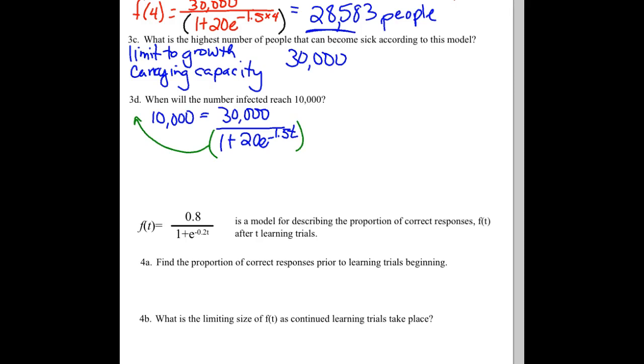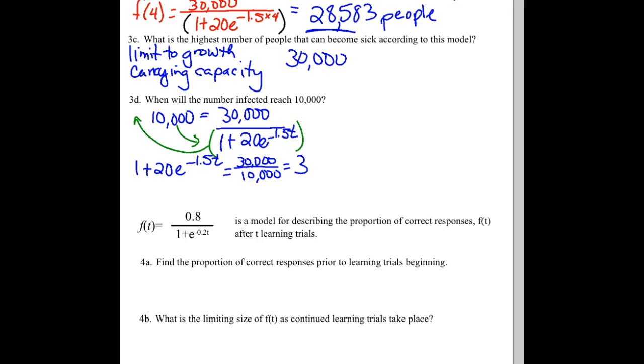Can you visualize that? So the denominator is going to move up to the left side. The 10,000 is going to get divided down to the other side. So we have 1 plus 20e to the negative 1.5t equaling 30,000 divided by 10,000, which is just 3.